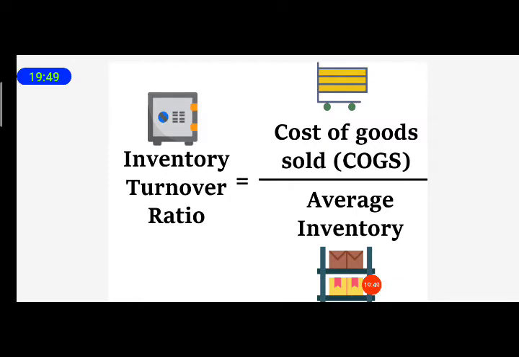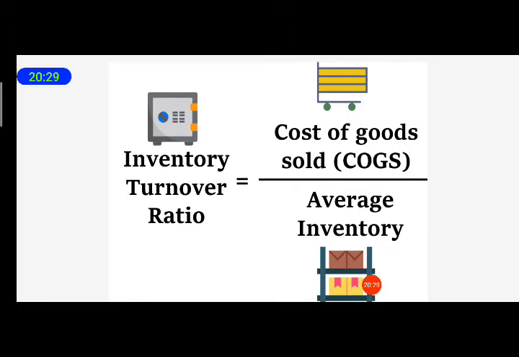Then the next ratio, inventory turnover ratio. The inventory turnover ratio is also known as the stock turnover ratio. This ratio establishes a relationship between cost of goods sold and average inventory. This ratio is prepared to ascertain the number of times the stock is turned over during the period.